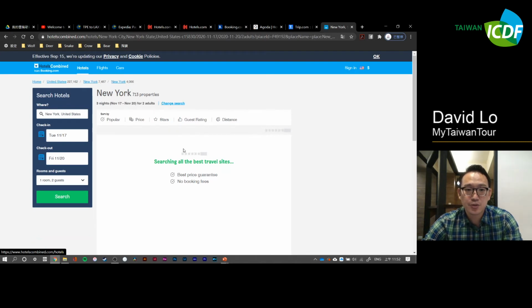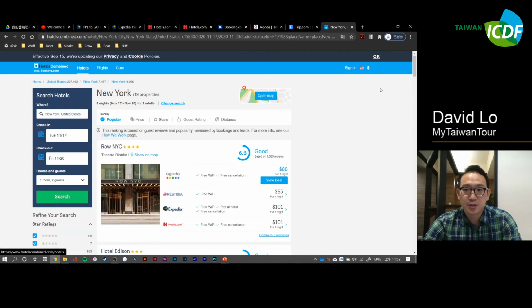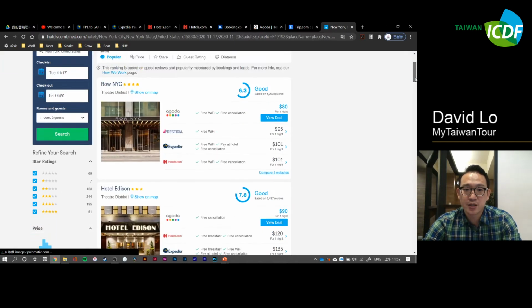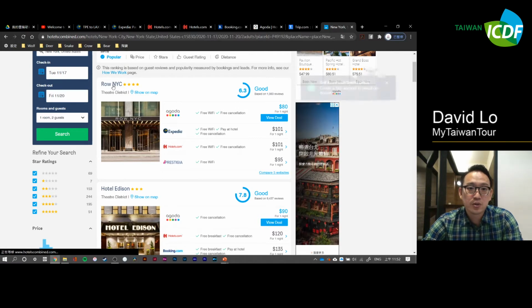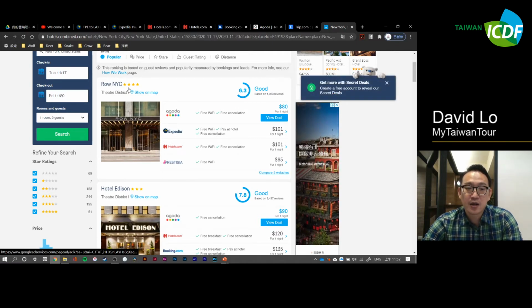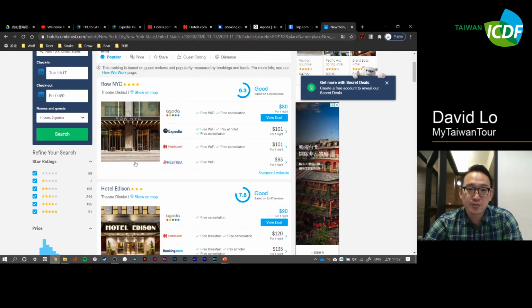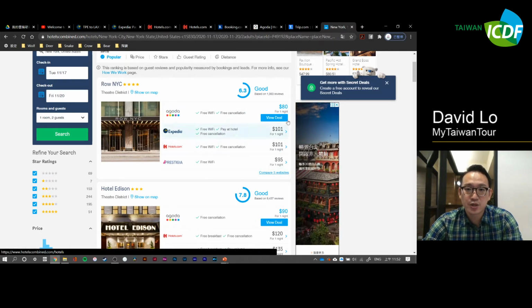Now it takes me to all the hotels on the OTAs that work with OTAs. So I see this row NYC, and on Hotels Combined, it displays all the other OTA channels, showing how much they're selling.